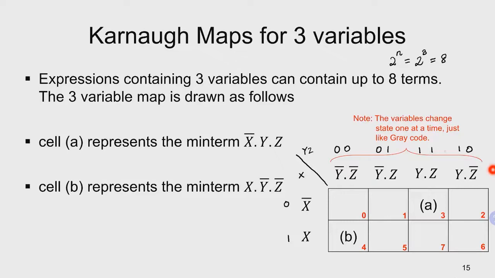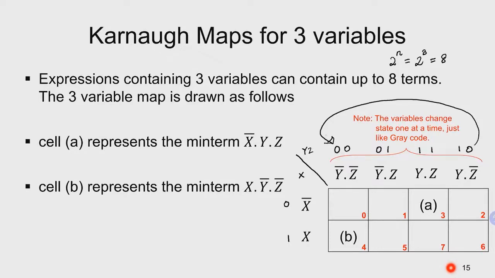And in actual fact, this K-map is wrapped around. So if I go around from my 1, 0 back to the beginning, 0, 0, it also changes one bit at a time.